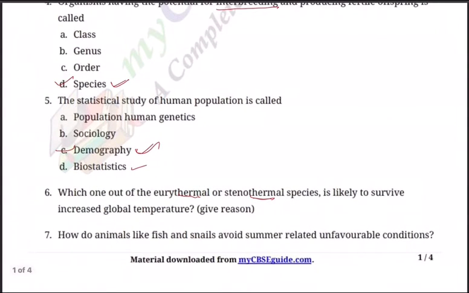Question 6. Which one out of eurythermal or stenothermal species is likely to survive increased global temperature? Now here thermal, thermos means temperature. So the answer should be based on the adaptations. Question 7. How do animals like fish and snails avoid summer related unfavorable conditions?